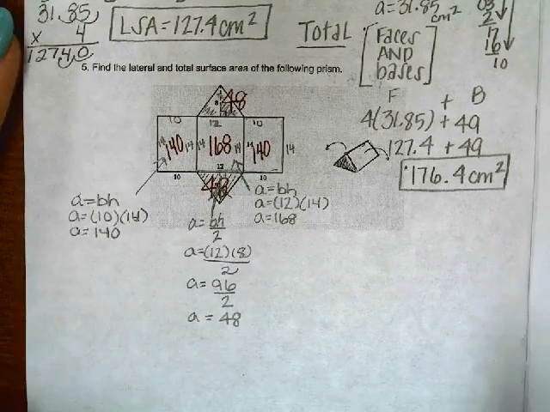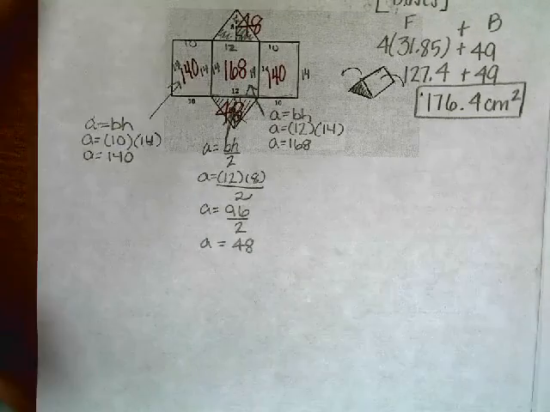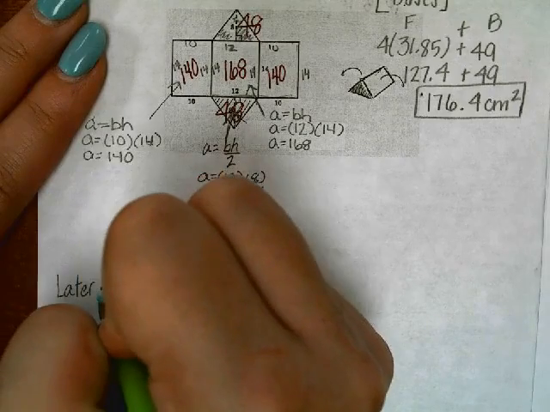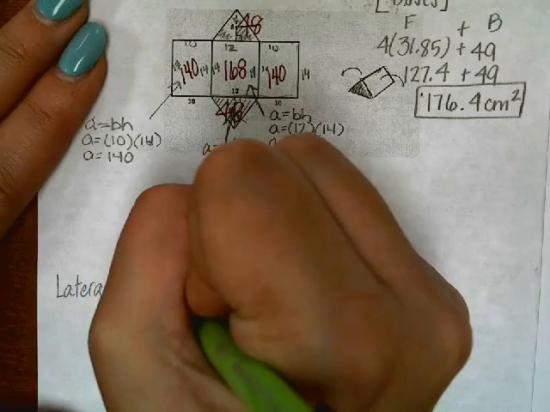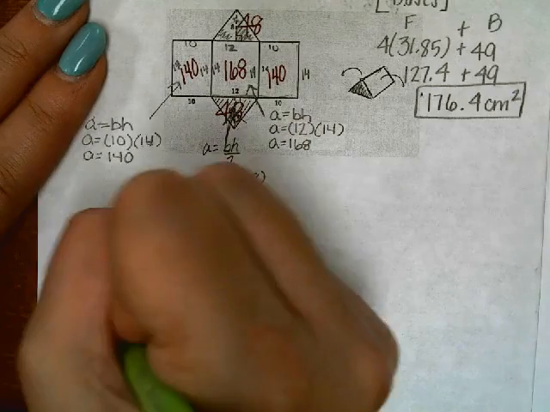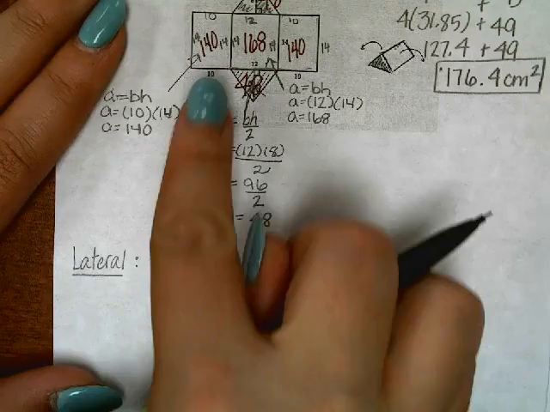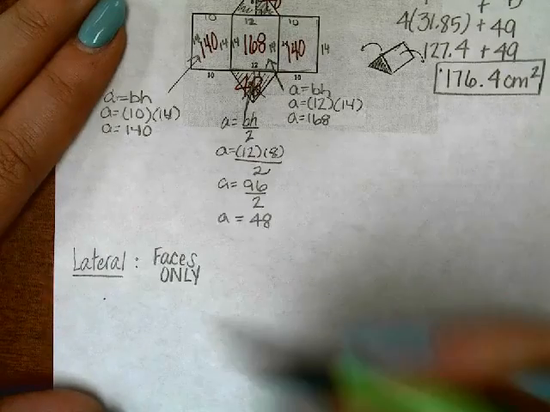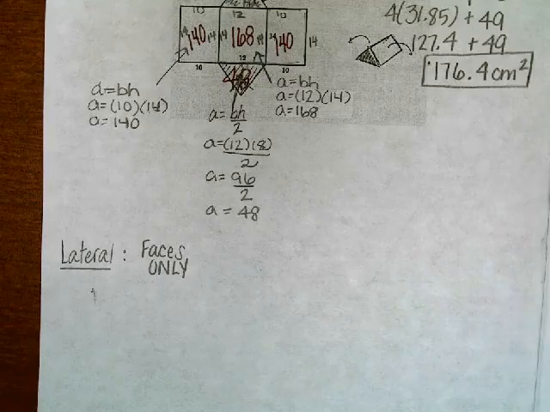All right, once we find the area of each figure, we're going to add them based on what we're solving. So lateral, again, is your faces only. In that case, it's going to be 140. My pencil keeps breaking. I apologize, guys.